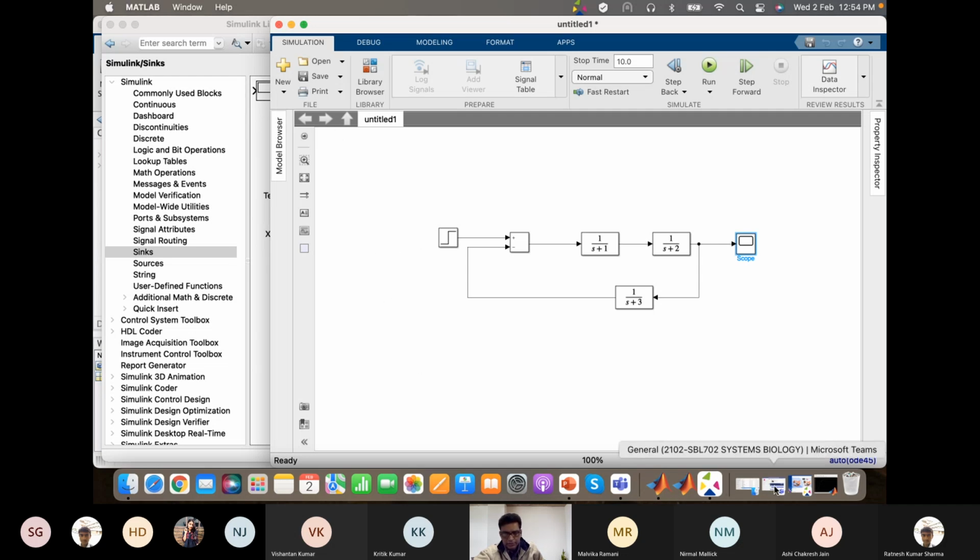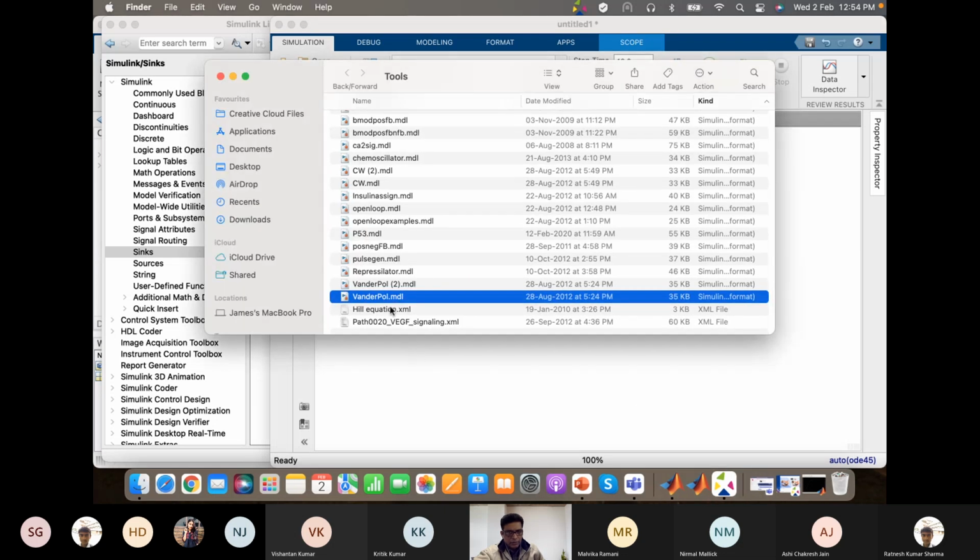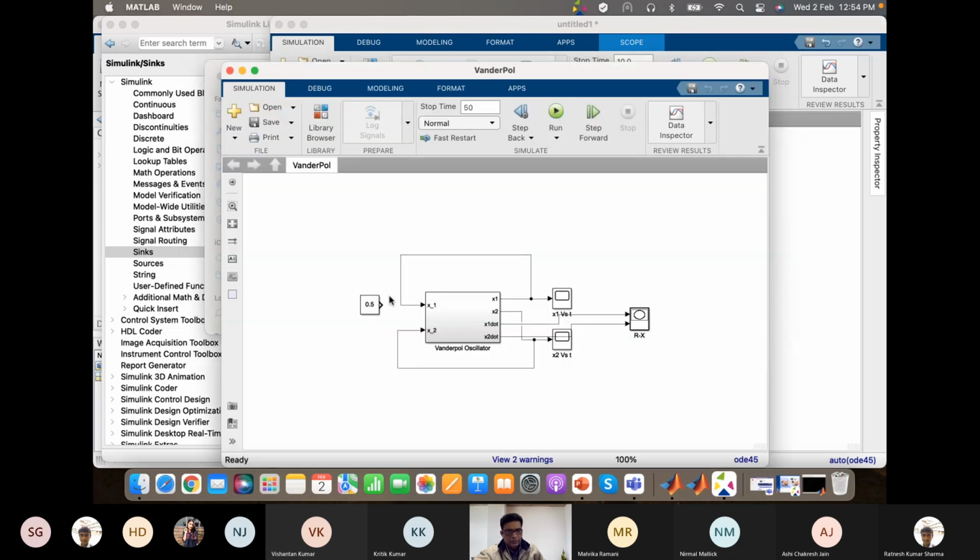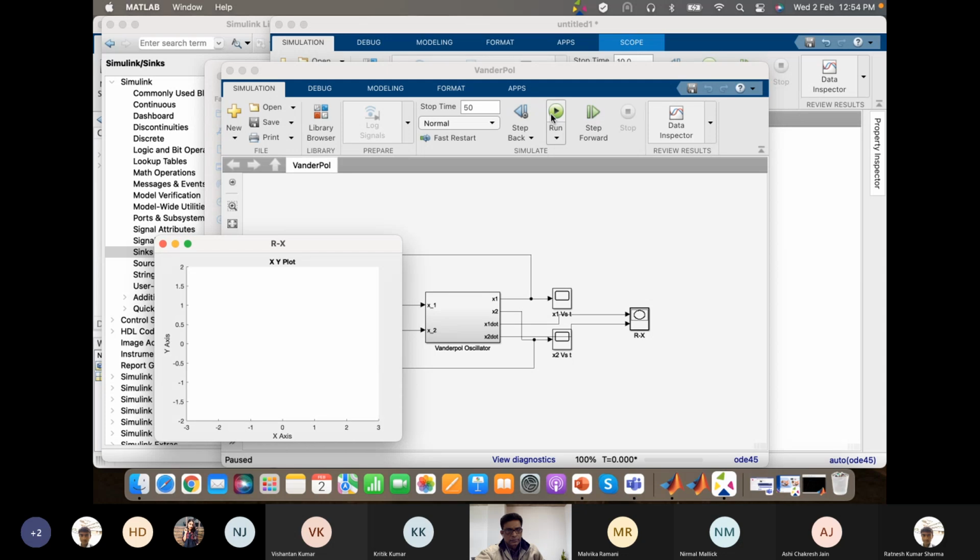So go back and see, I've done one piece of work on stability. Maybe I'll just show you that. There is my desktop tool here. There is a Van der Pol oscillator that I had done earlier. So I run this. It should be plotting.